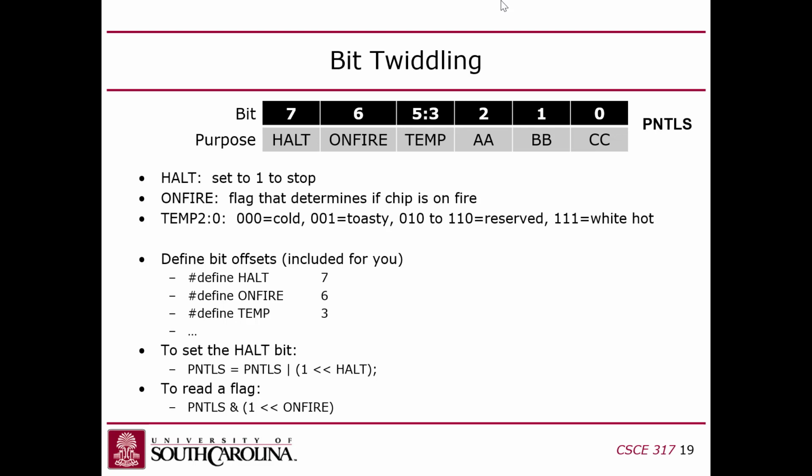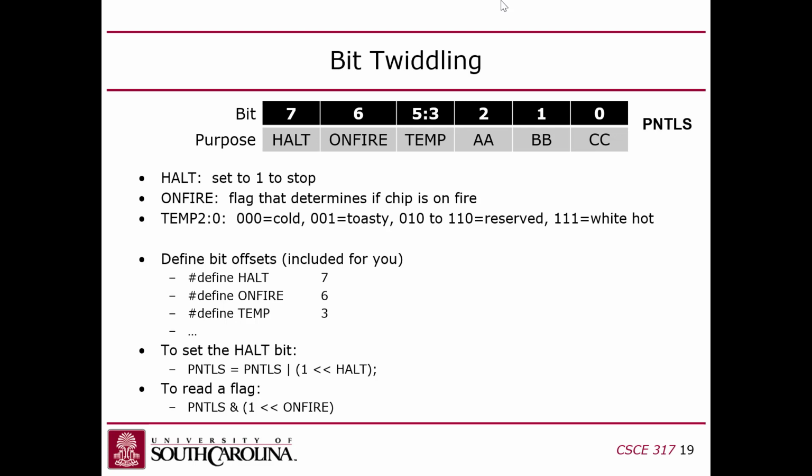So usually you'll have a header file provided to you that has constants declared in the form of pound define for the register name, which in this case is PNTLS. I forgot how I came up with that, but it's made up.